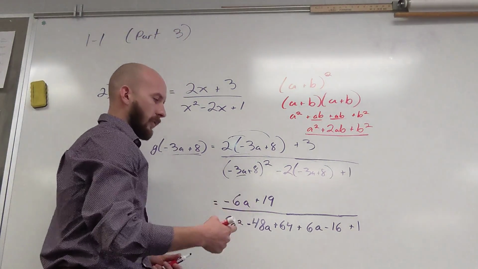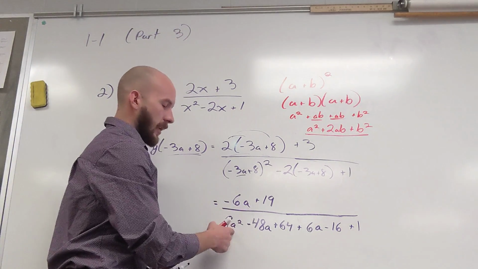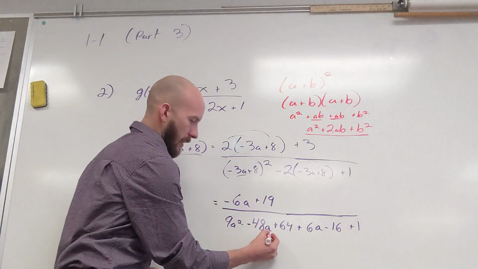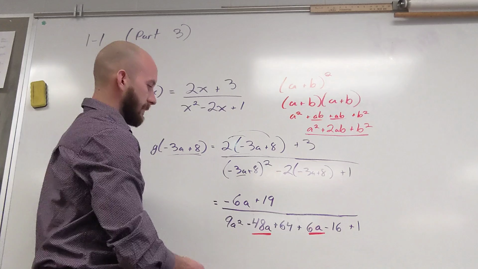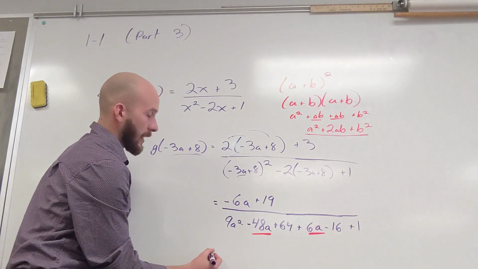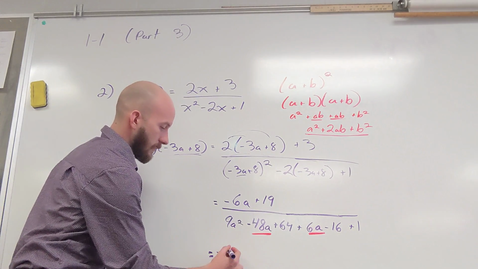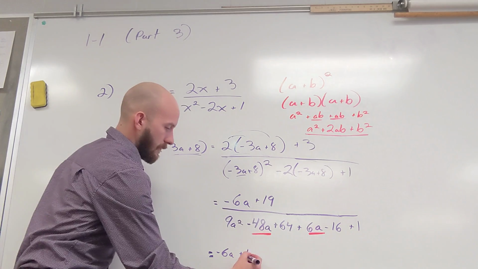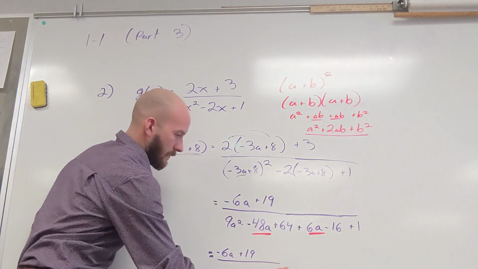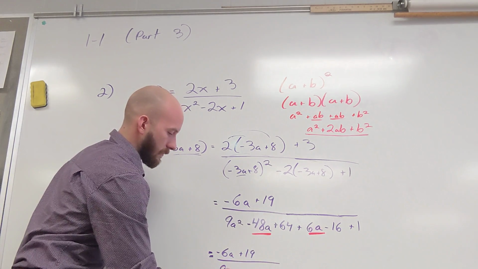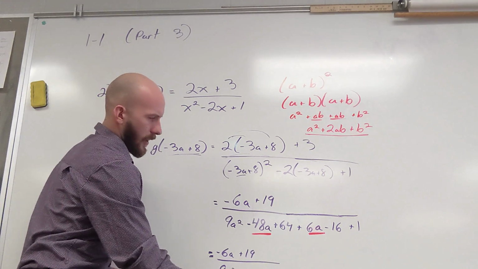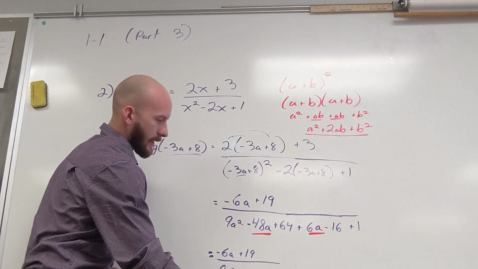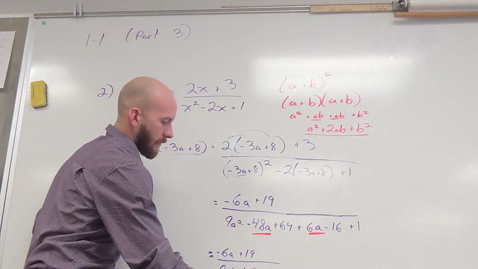And then we just have to go through and combine like terms. There's no other a squared, but we have negative 48a and 6a. So our last step here should be negative 48a plus 6a, negative 42a.